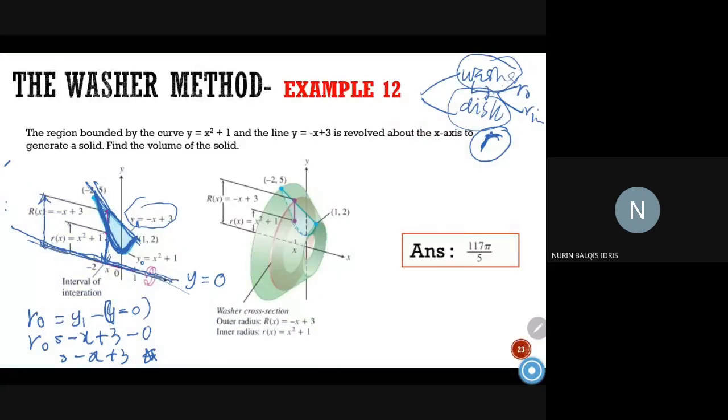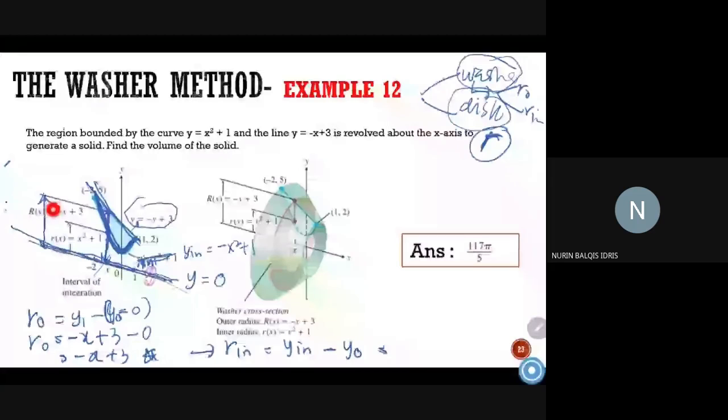Katakanlah ni kata y outer. Okay, so sorry, y in. Okay, ni y in is equals to negative x square plus 1. Bolehlah ni buat y naught ni. Okay, so ni r in equals to, maknanya y in minus with y naught.